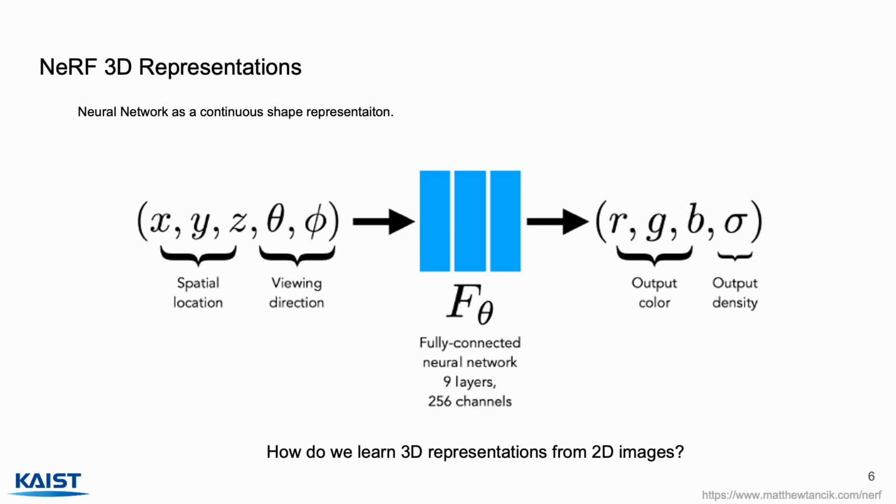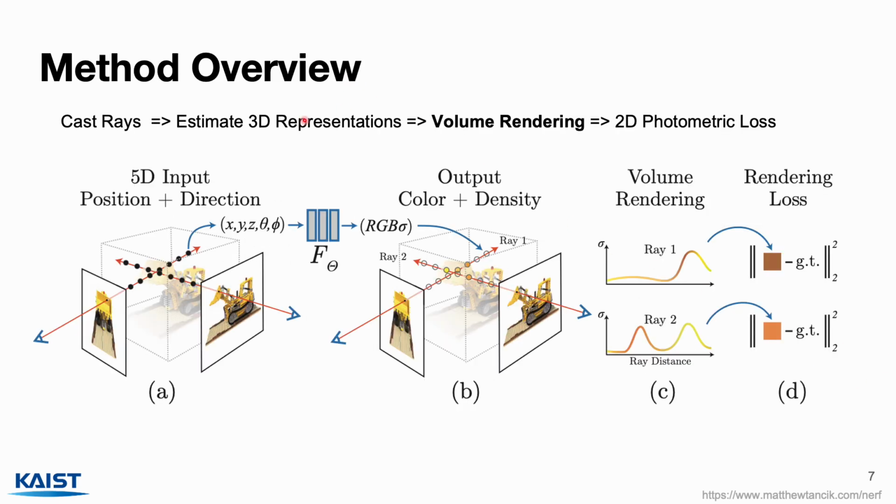So how do we learn 3D representations from 2D images? This is the method overview of NeRF. This is quite similar to the ray tracing technique in the lecture, but it's quite different. Since we have no clue where the object exists in 3D, we first cast rays from every input pixel through the 3D space.